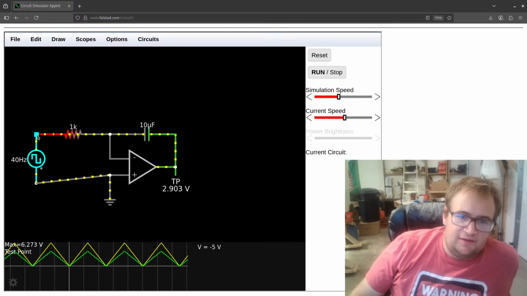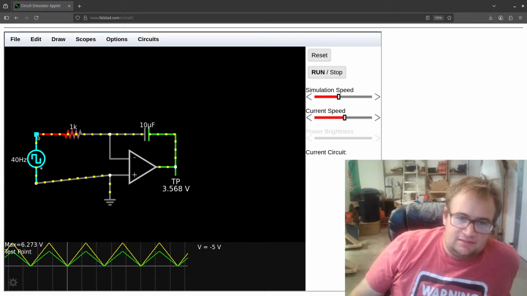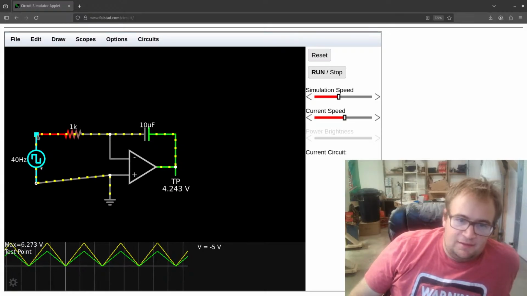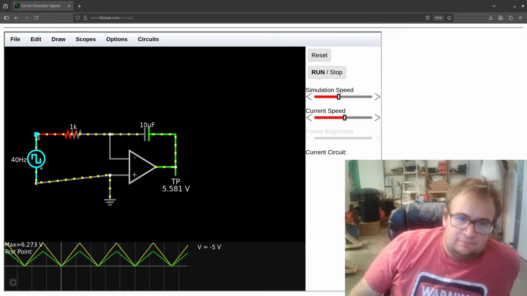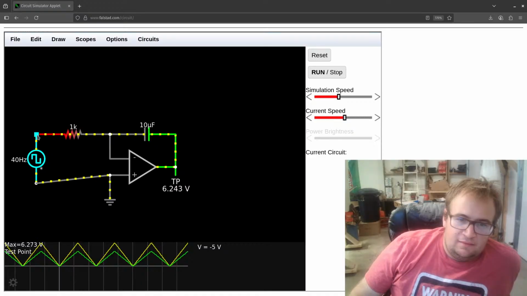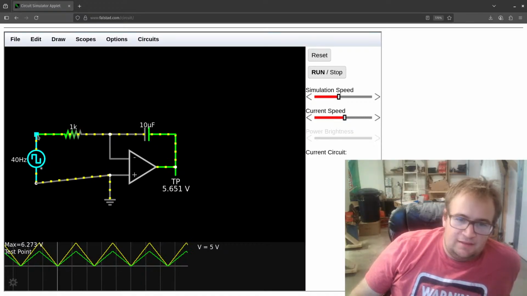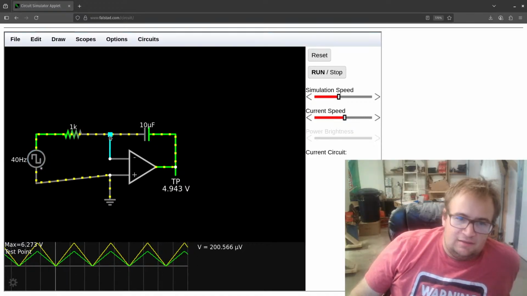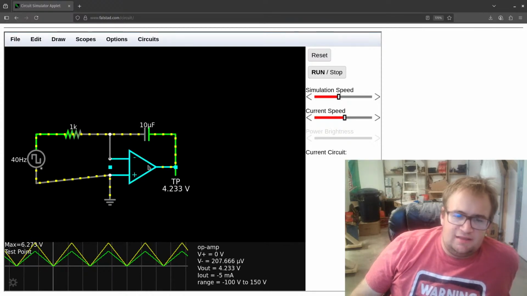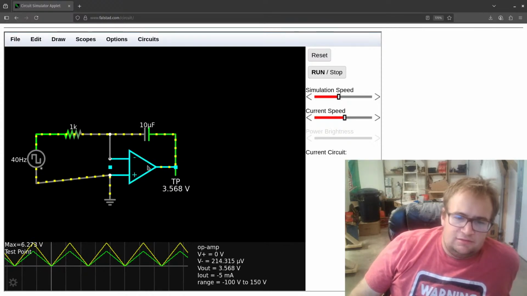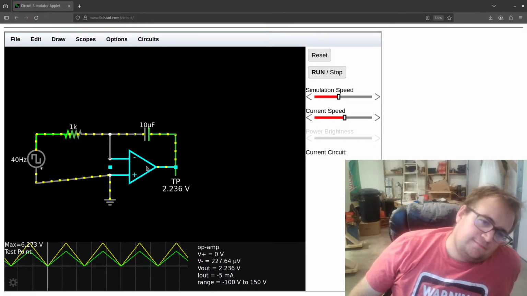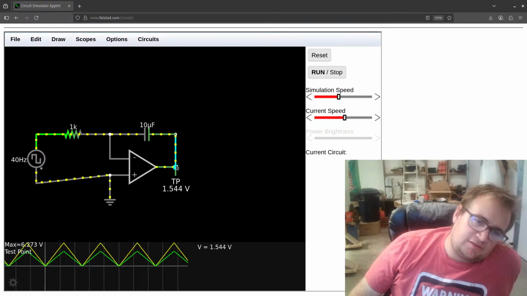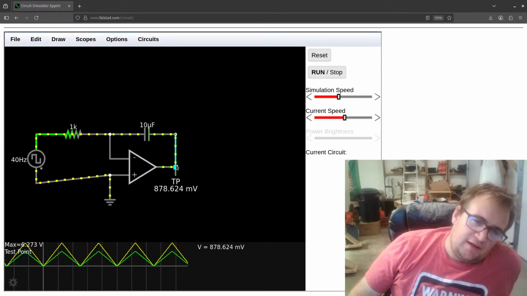So we're at minus 5 volts. This is driving it up in voltage. And then it's 5 volts. So you see, I think, this should be an ideal op amp. Because now it's trying to drive itself down.